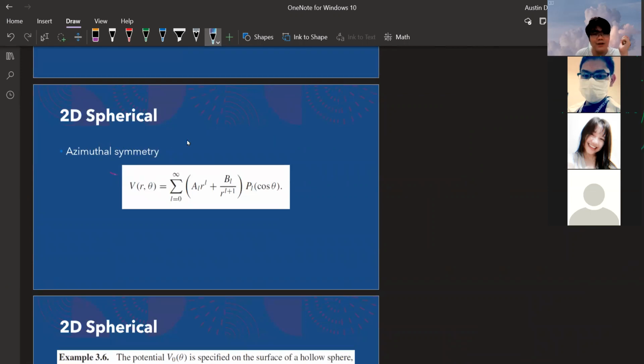Yung azimuthal symmetry is kapag meron tayong sphere, isipin nyo. Okay, isipin natin, may sphere. Okay? And this is your equator.